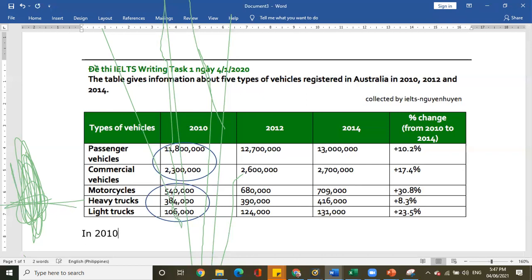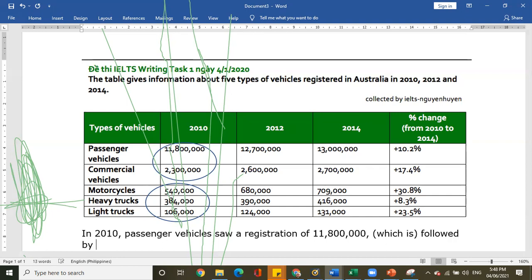So in 2010, passenger vehicles, guys, do not capitalize, saw a registration of 11,800,000, comma, and then the pronoun which is optional, and then you're going to follow by commercial vehicles at a distant second with 2,300,000 registrations there.